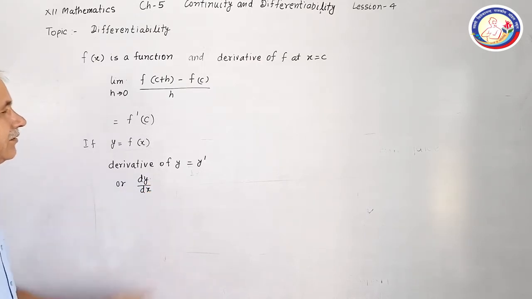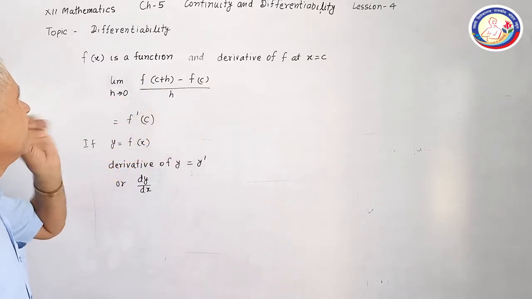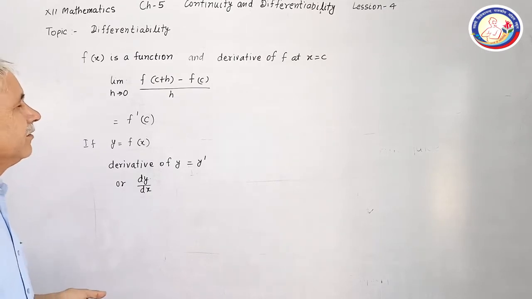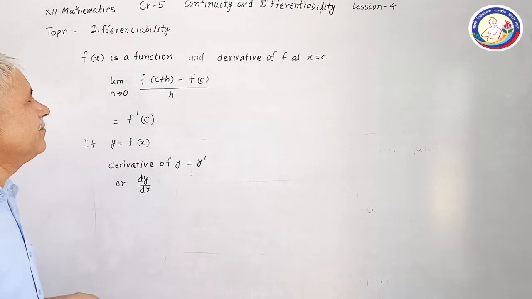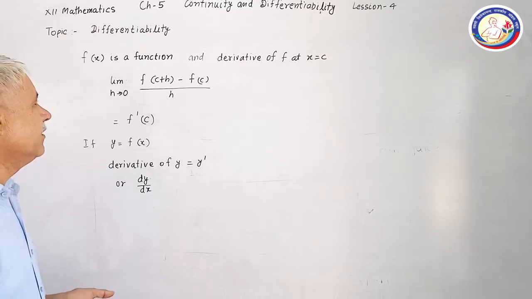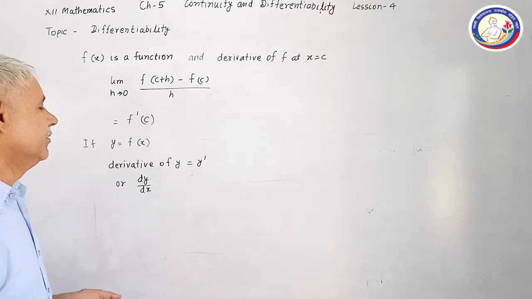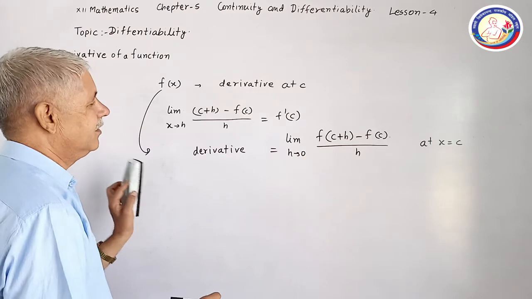This is the meaning of derivative. And a function which has a derivative at any point c is called differentiable at the point c. What is the geometrical meaning of this derivative?